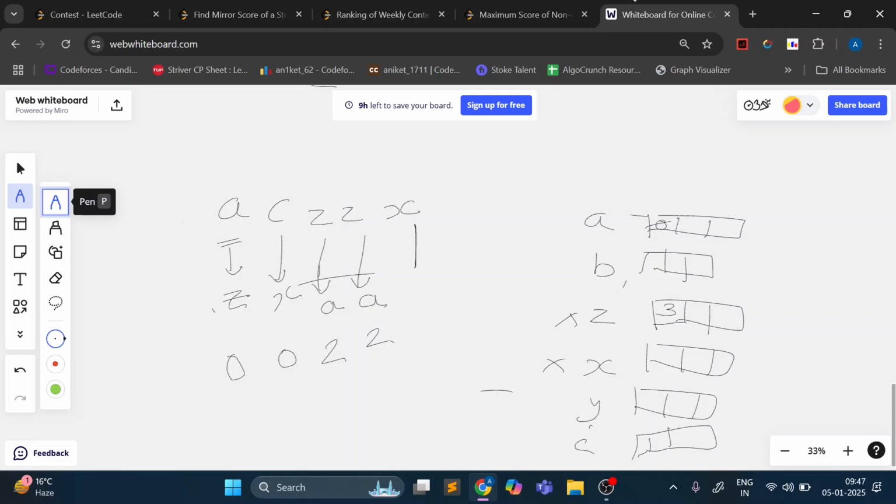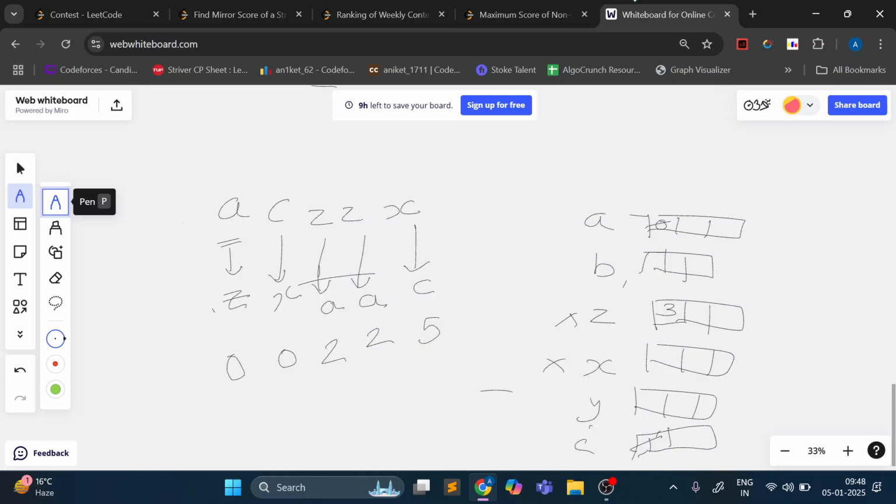Now for X, its mirror element is C, so we find C's stack, and it has an element there which is 1. So 4 minus 1, we add it, so our score becomes 5, and then we pop that element as we have marked it. Moving forward, we will not push the index of X because it is also marked.